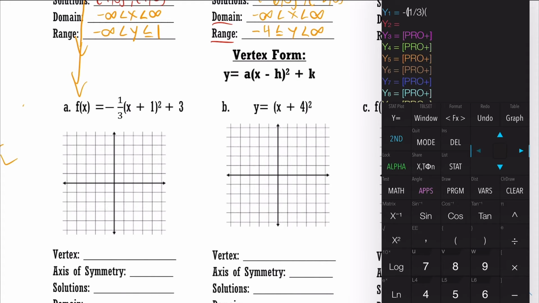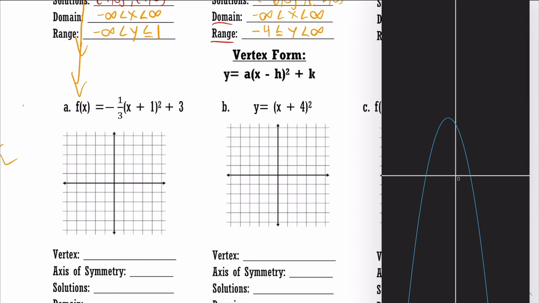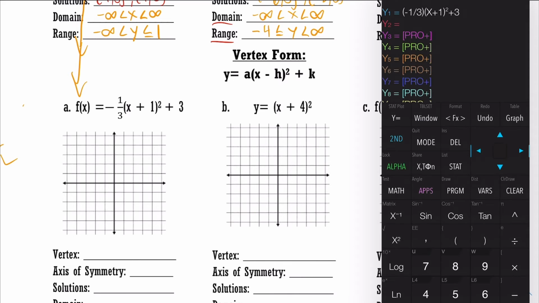In fact, if you wanted to, you could put that negative sign in there too. That's a -1/3 times x plus 1, close it, squared plus 3. Let's graph it just to get an idea. It's going to be a parabola that opens downwards.